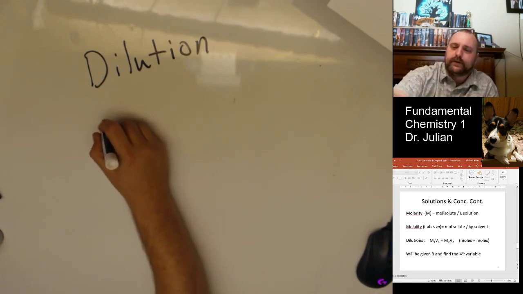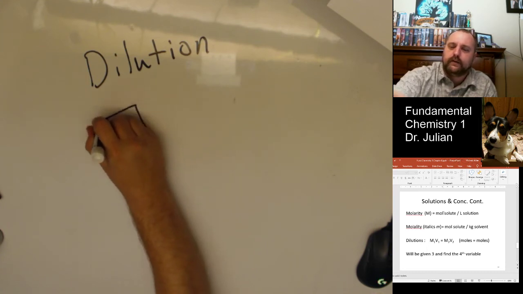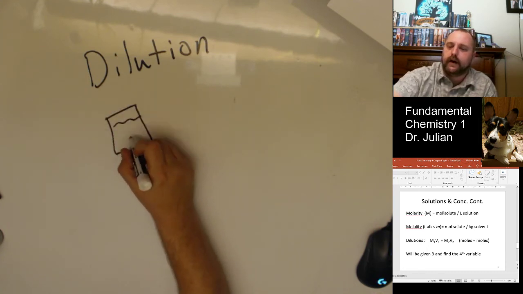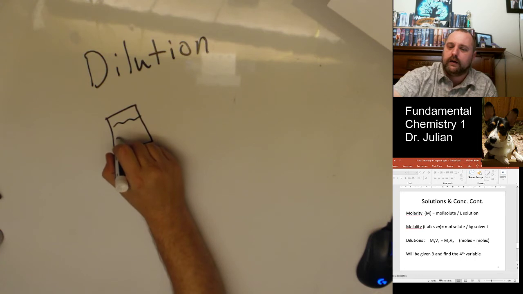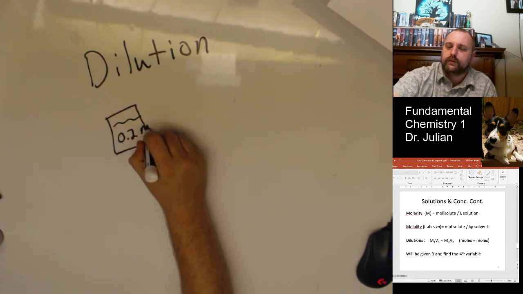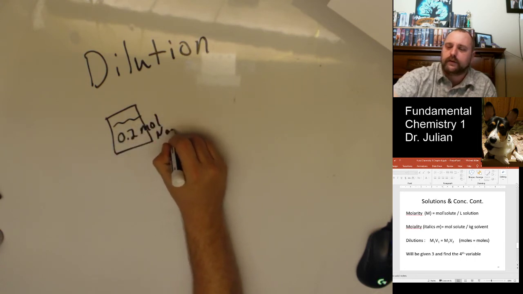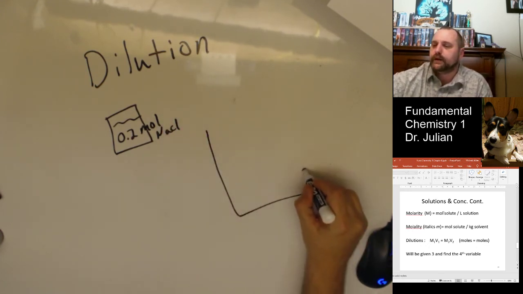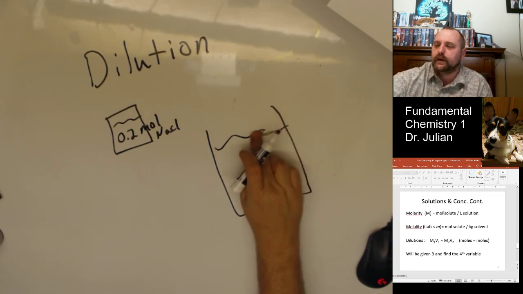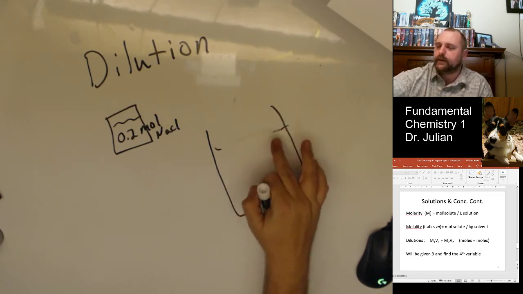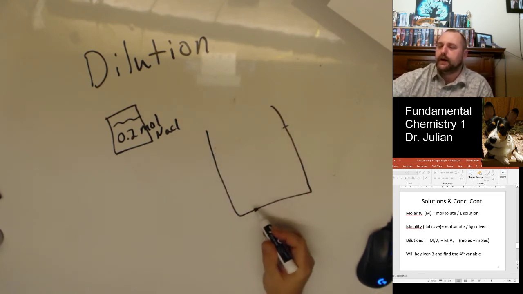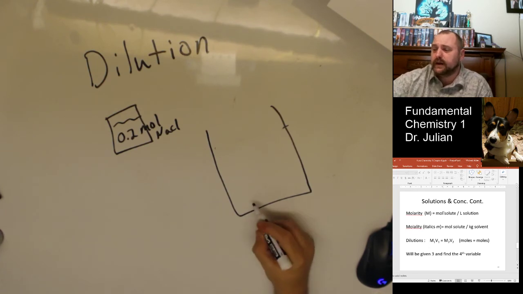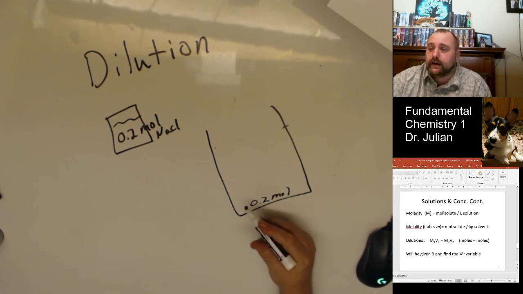So for a dilution, let's start with a container here, and let's say I have 0.2 moles of salt dissolved in this water, and I dump it into this big container. I won't even fill it up. It'll be way down here, right? So I dump it in here. How much salt is down here? Well, it's still that 0.2 moles. I didn't add any more salt.